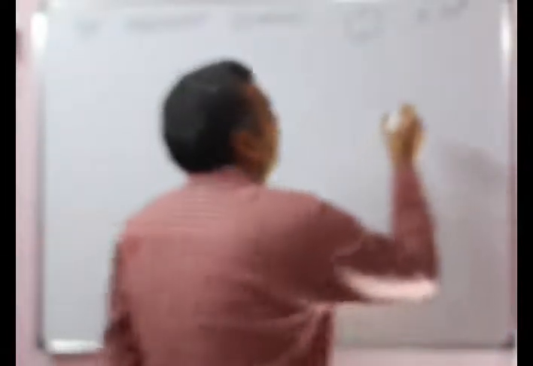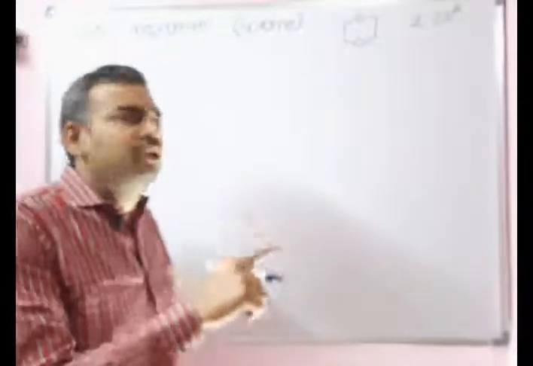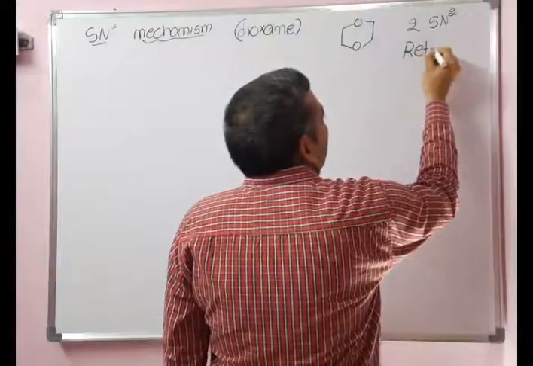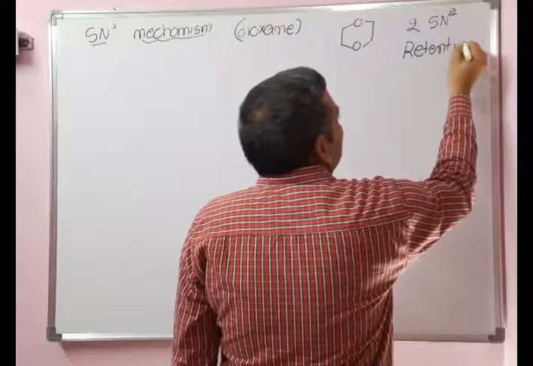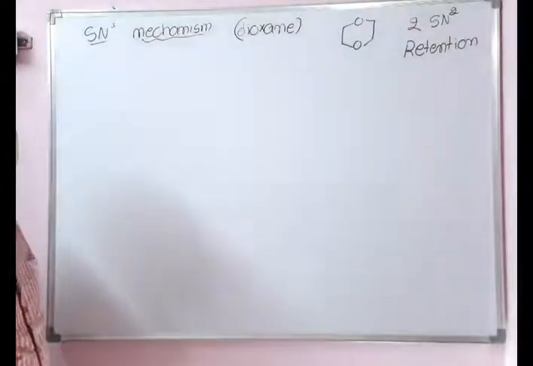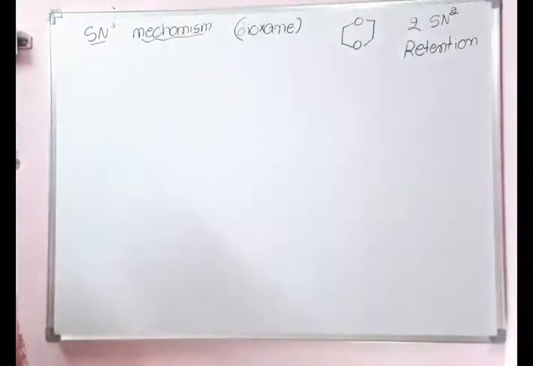It's not an SNi reaction. One SN2 takes place, which means inversion. The second SN2 is again inversion, so inversion to inversion, finally retention. Finally, the configuration is retained, but to get retention it takes two SN2 reactions.